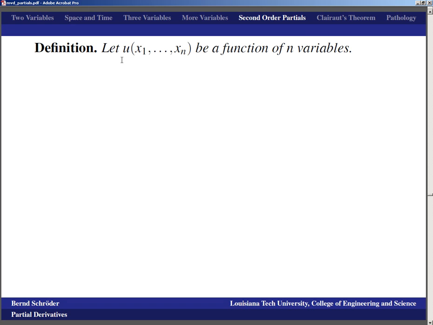Again, we're looking at this as a function of n variables, so we don't have to worry about 2 variables, 3 variables, more variables, variables that are space and time, and so on. Look, it's a function of n variables, and the interpretation depends on the context of the function.